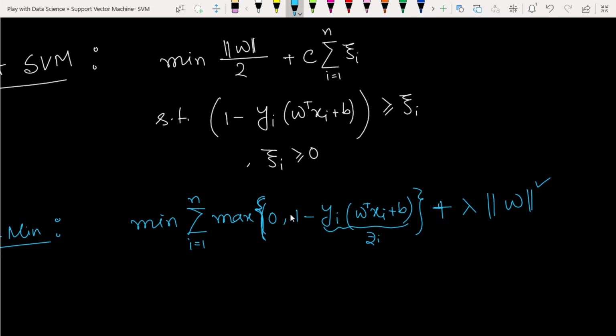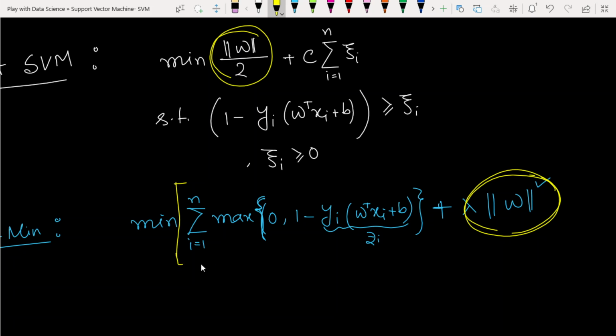How is this the same? Just see it. First we consider the w term in both expressions. Both are actually the same term. At the end of the day, we are interested in minimizing this total thing.